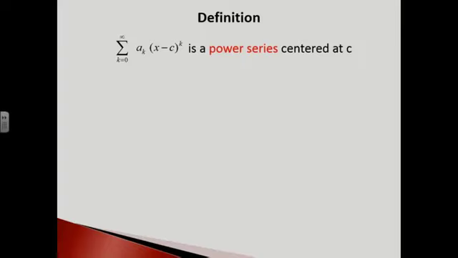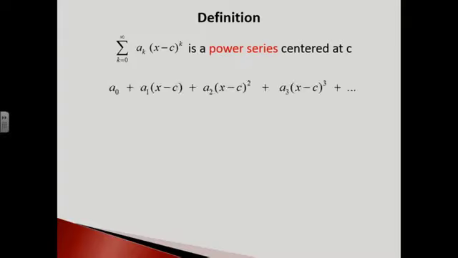An infinite series of the form sigma k equals 0 to infinity of a_k multiplied by (x minus c) to the power of k is called a power series centered at c. We can also say that it is a power series in x minus c because it contains the powers of x minus c. The numbers a_k are the coefficients of the power series.